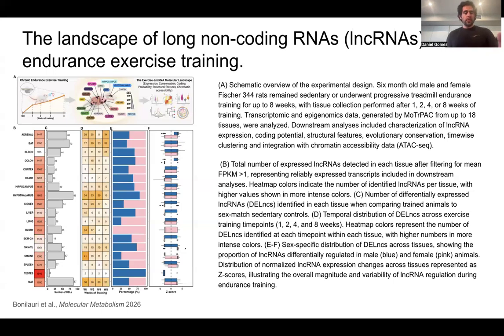So we can see here all 18 organs, and then the number of DELs, or differentially expressed lncRNAs, in the NCS, and then the weeks of training, week 1, week 2, week 4, and week 8, and then the percentages, as well as the z-score. So that's what we can see in C and D in this figure: all the different expressions in 18 tissues, the number of DELs, the weeks of training, the percentage, and the z-score.